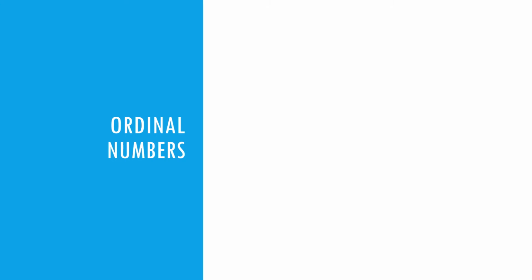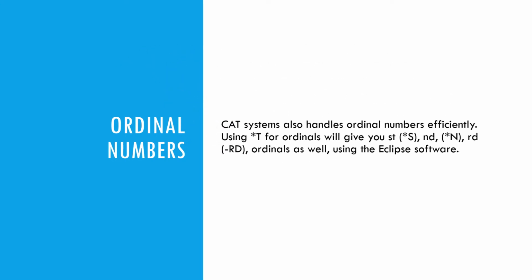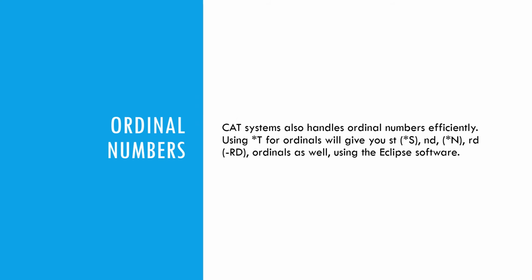Ordinal numbers. CAT software or the CAT system also handles ordinal numbers efficiently. You can use *T for ordinal numbers, and this will give you ST as well as ND and RD.